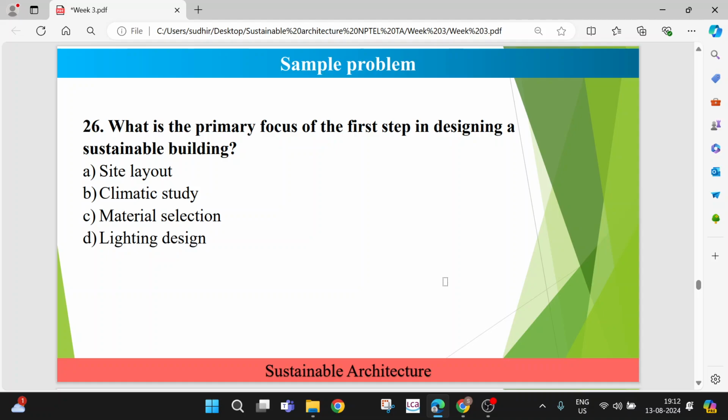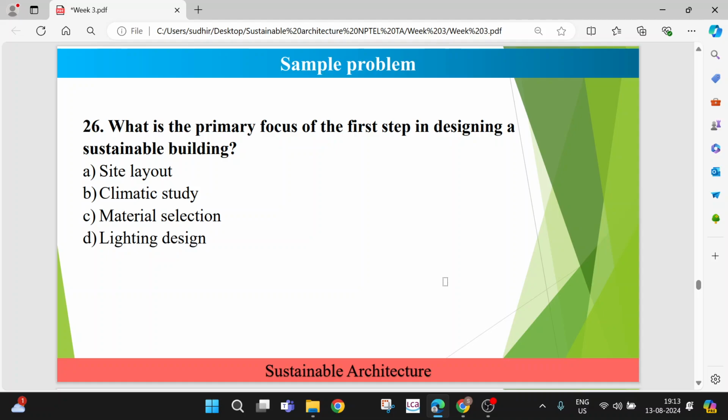What is the primary focus of the first step in designing a sustainable building? Option B, climatic study. Okay, so I think we are fine with option B, and all of you have given the right answer.